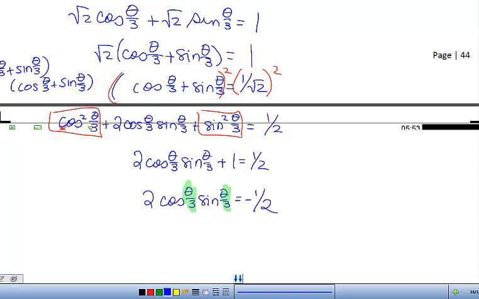So I can write this as sine of 2 alpha, where my alpha is theta over 3.